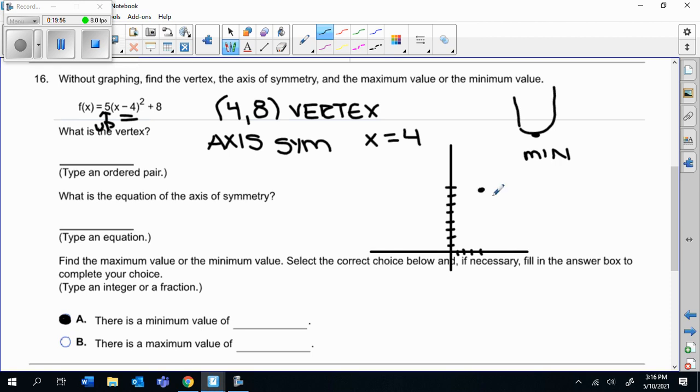So my guess is on my math lab, the minimum value refers to the y. So if it just wants 1 point, there's a minimum value of 8 because that's at the bottom there. So that is what I'm guessing. The axis of symmetry is x equals 4. And then the vertex is at 4, 8.